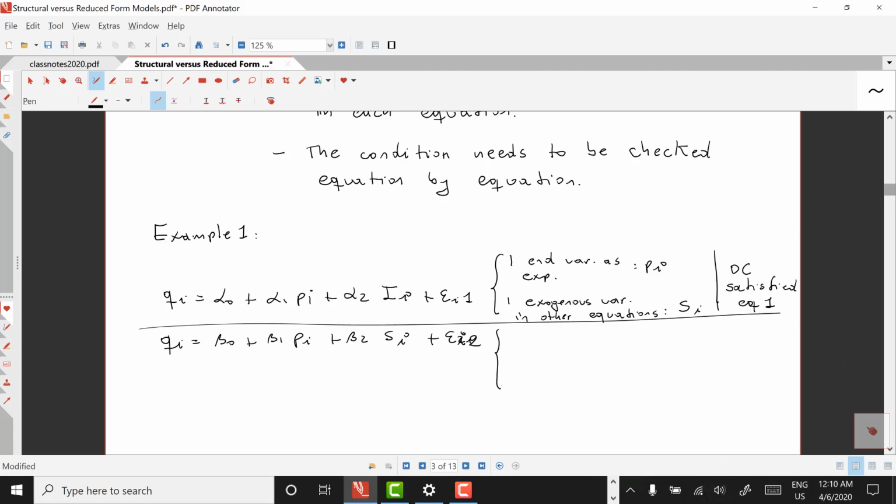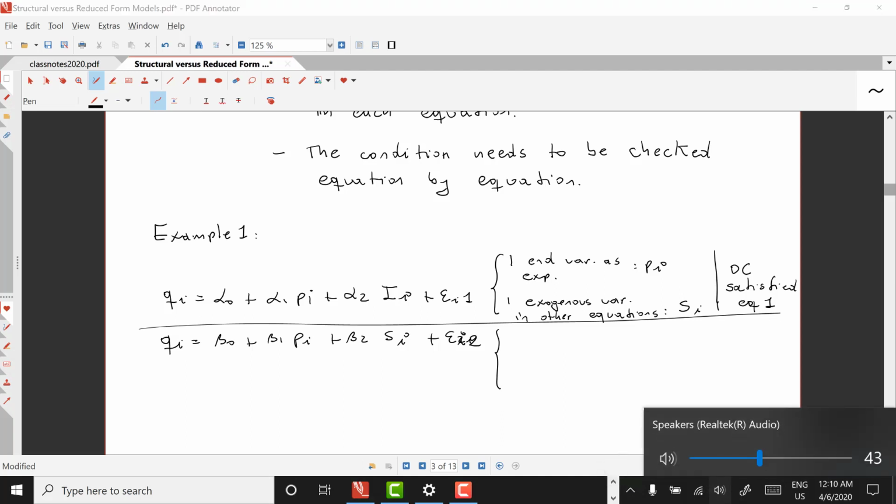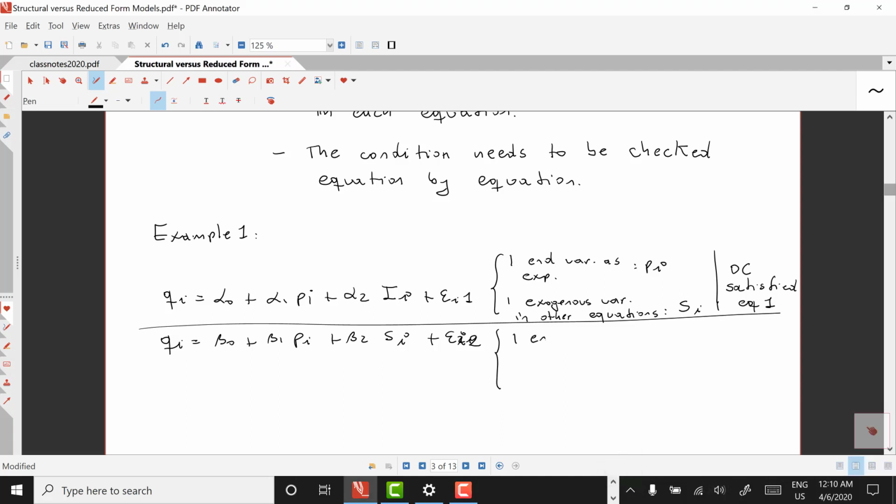So let's look at what happens in the second one. Again, we have one endogenous variable as explanatory variable, pi. And if we look at the other equation, at the first equation, we only have one exogenous variable in other equations.